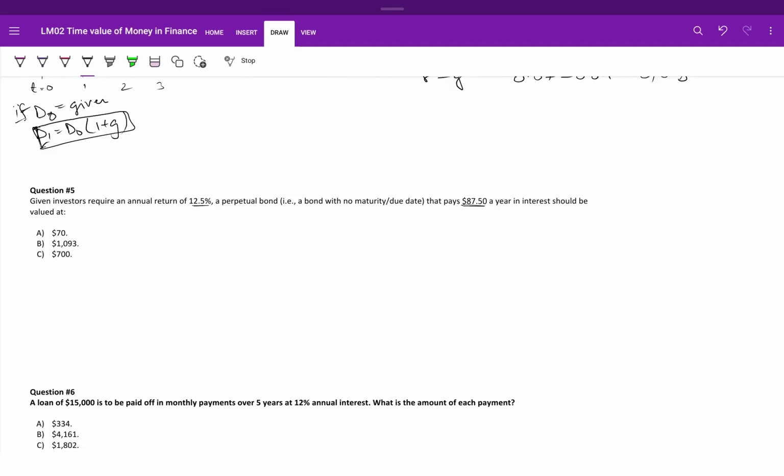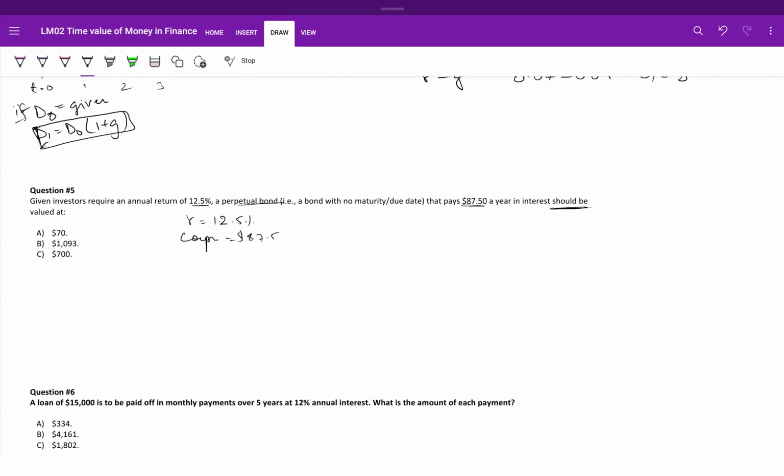Here also growth rate is not mentioned. So the investors' required rate is 12.5%, a perpetual bond, and the coupon payment is $87.5 in interest, should be valued at what?